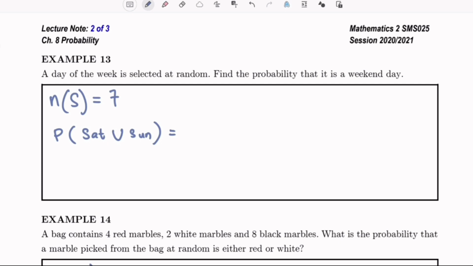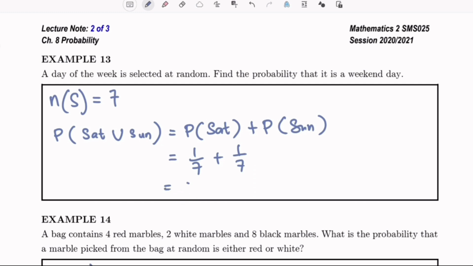We know that Sunday and Saturday are two mutually exclusive events. So P(Saturday) plus P(Sunday), 1 over 7 plus 1 over 7. That gives you 2 over 7.